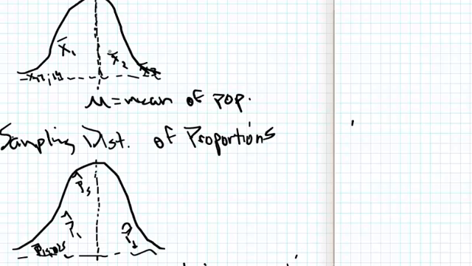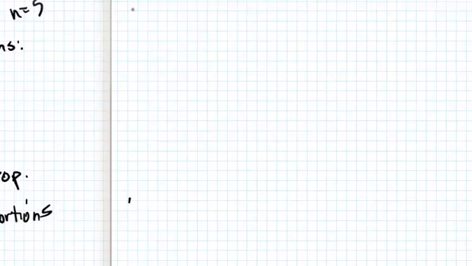These are the means of each one of the samples, and they're going to be all over the place. But they're going to gather around the actual population mean. Sampling distributions of the proportions are incredibly useful because they suck down to the mean of the population.